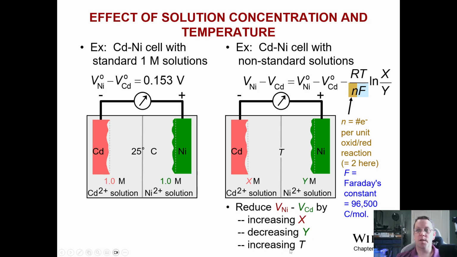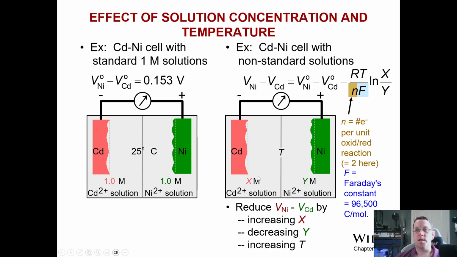increasing temperature. So a really, really hot battery is going to have a lower potential than a slightly colder battery, but equally, increasing the concentration in X, so the top fraction, so increasing the concentration on this anodic side.